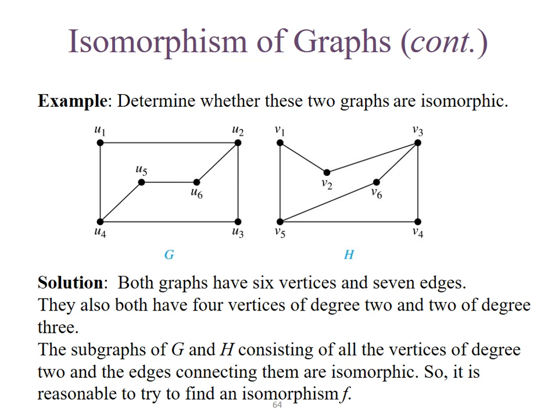All right, next let's see this example if these two graphs are isomorphic or not. Okay, so we can see we have a rectangle here, and then we have a path here. So this path includes 1, 2, 3, 4, 4 vertices. So how about you draw this V6 out of here to make this one a rectangle? And then inside you will have one path, V5, V1, V2, V3.